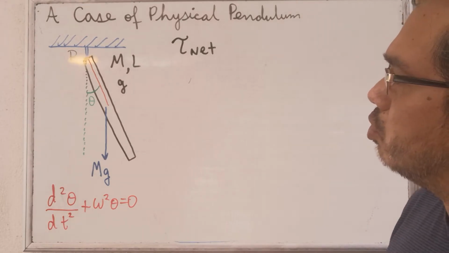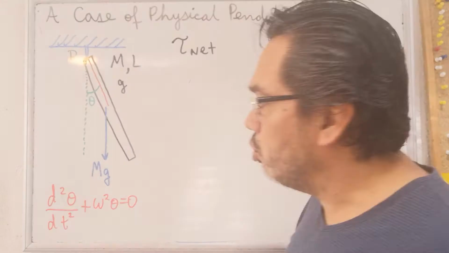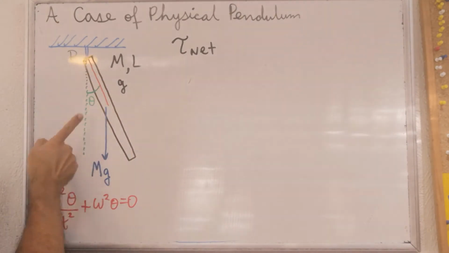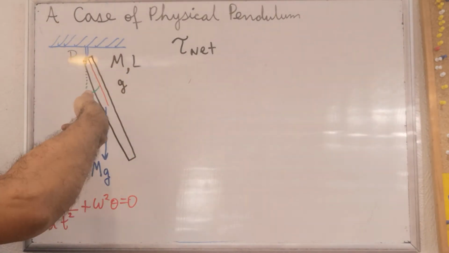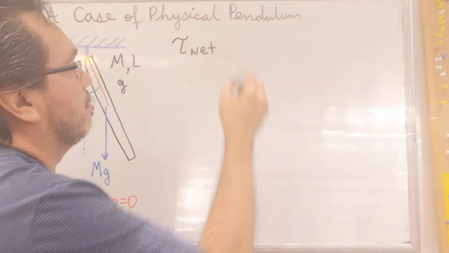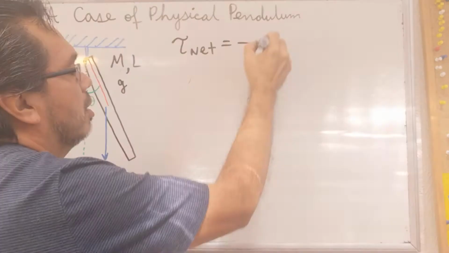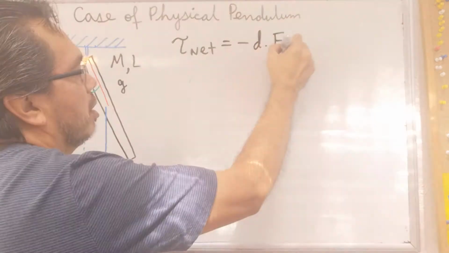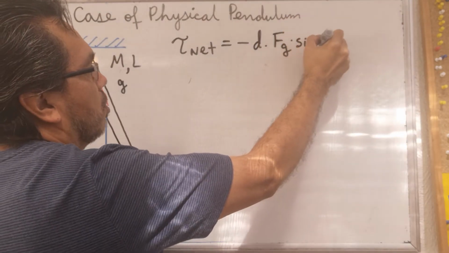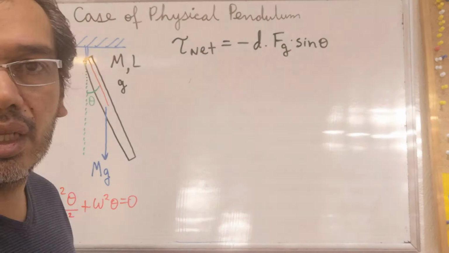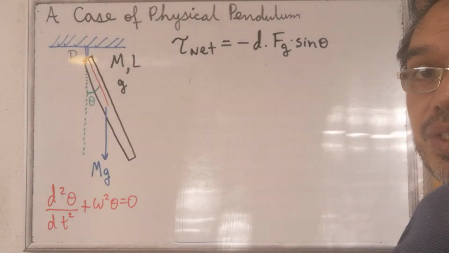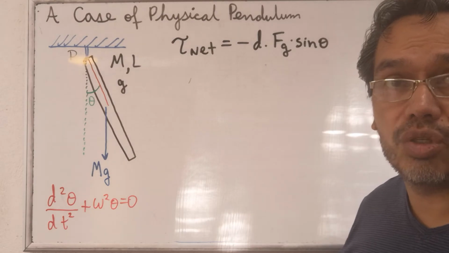So according to the right hand rule, this thing has a radius over here in red, and a force over here. Your torque is negative: negative distance d, force Fg, sine of your angle, which is basically the vector product or cross product of the radius and the force.